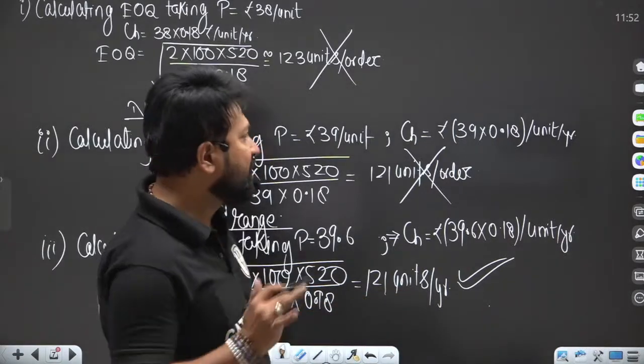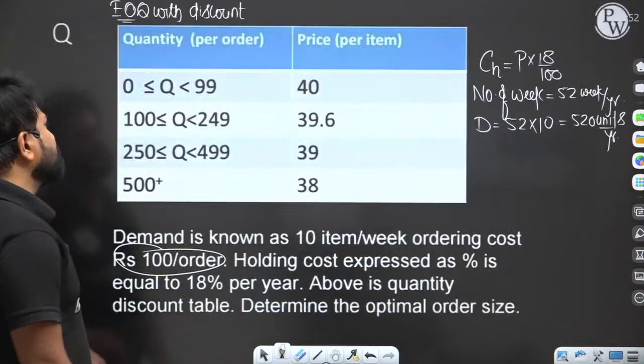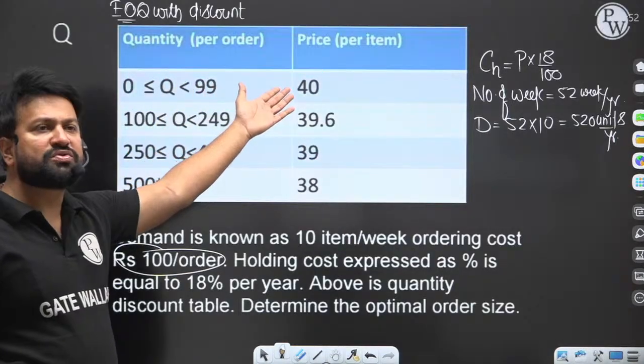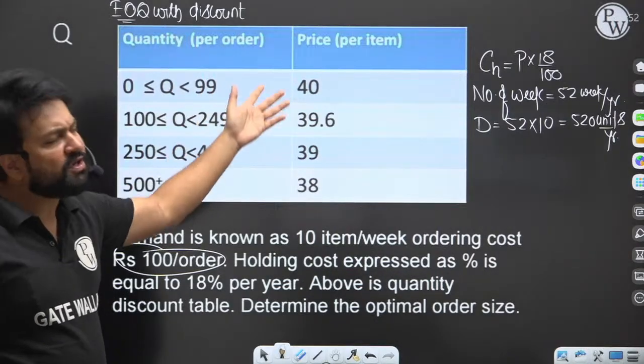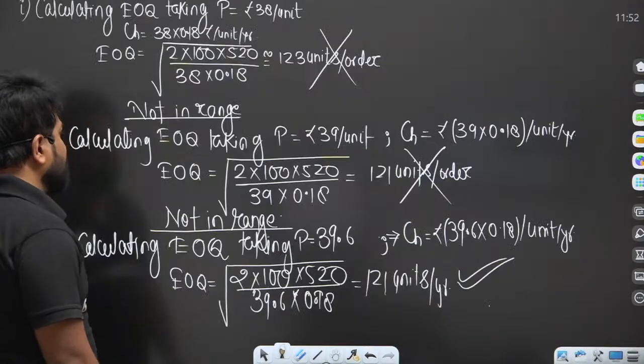Am I clear? Now here there is no use to find out the economic order quantity for 40. If you want, you can; it's up to your wish.